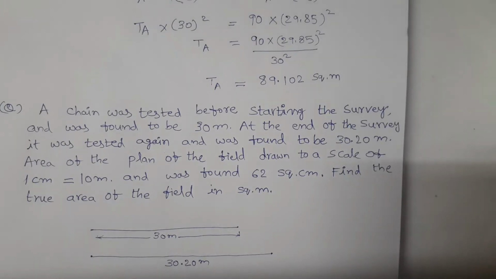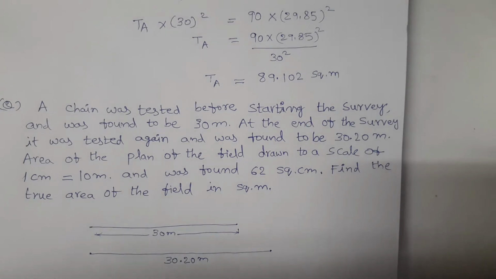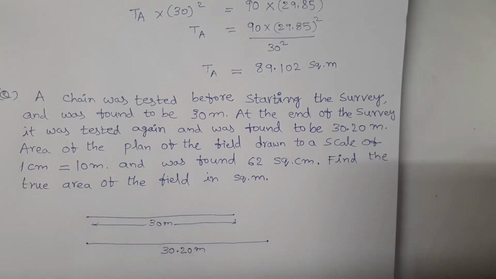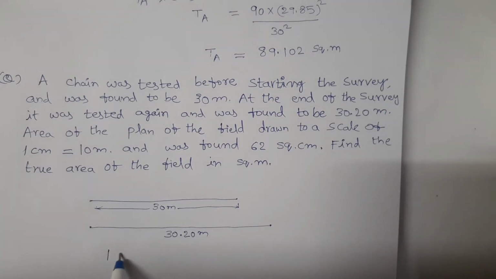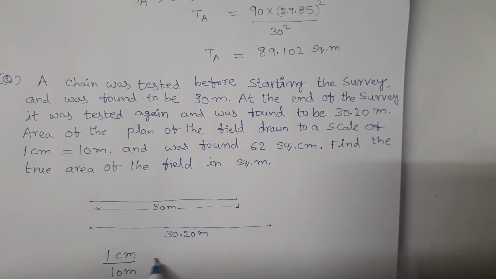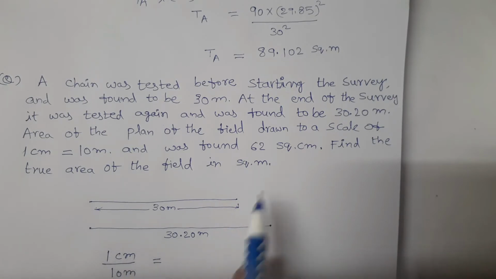The field area was measured and it was found 62 square centimeter, and the scale is 1 centimeter is equal to 10 meters. So we have to write 1 centimeter divided by 10 meter scale, and 62 square centimeter is the area in plan.